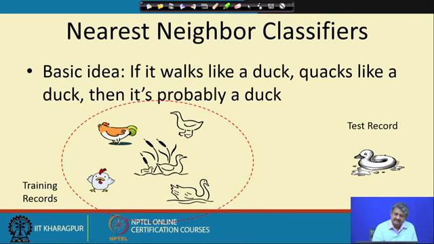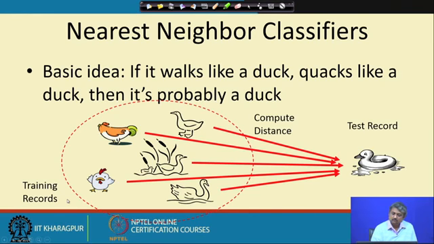Each bird is described by some attributes. And I have a new bird whose species I do not know. In terms of the attributes for the new record, I find its distance to the known training birds. Note that the training set may contain more than one duck species. There are different types of ducks. It may contain some hen species, it may contain some angry bird species.